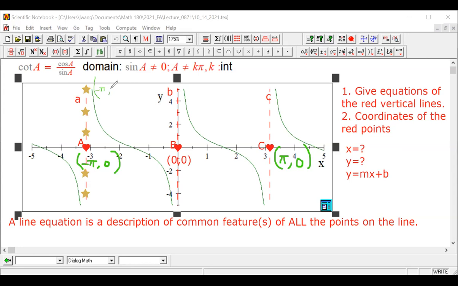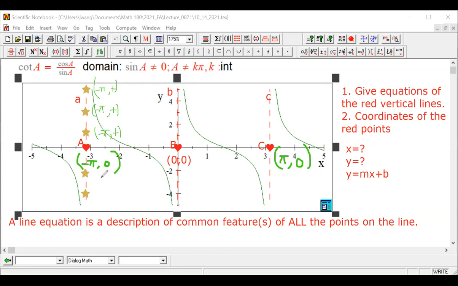The y coordinate in this case is a positive number, and the next one is negative pi with a different positive number. These three points share the same x coordinate.